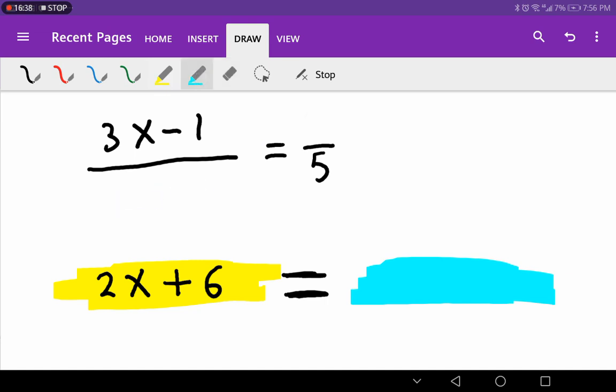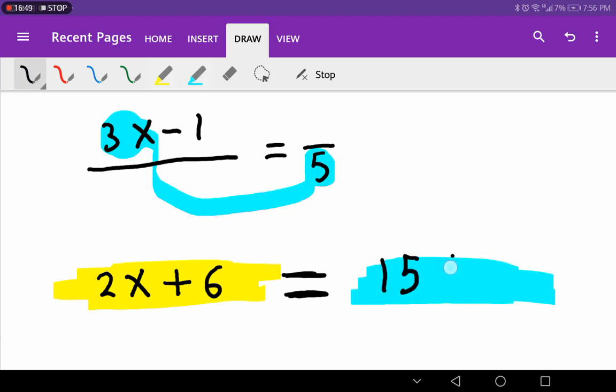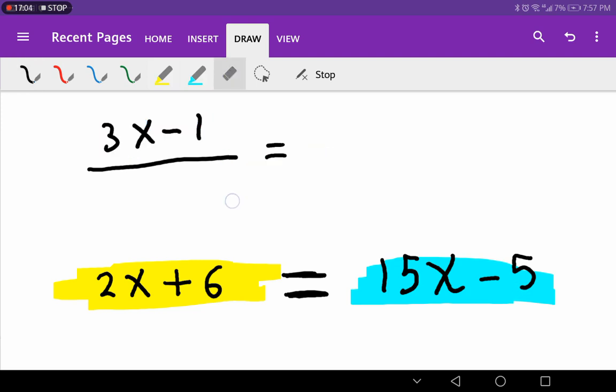I hope so. Now 5 multiply 3x equal 15x, and 5 multiply negative 1 equal negative 5. You know that, yes, and I know you know, and we are done from this.